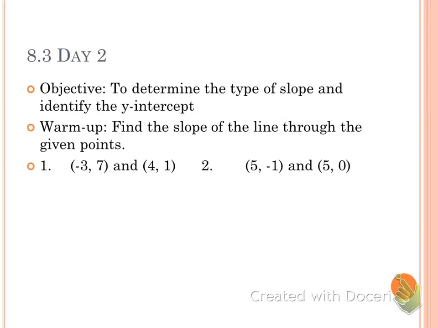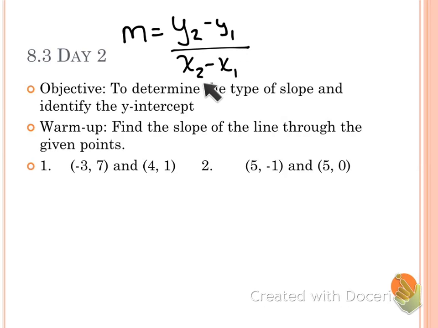So you might remember from yesterday that we found slope, which we called the letter m, by taking y minus y over x minus x. And we talked about how it doesn't really matter which point you label as the first or second point as long as you are being consistent.